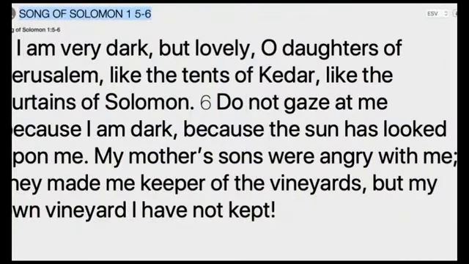Song of Solomon, chapter 1: I am dark. Do not look upon me because I am black. So this confirms what we just said about Joseph and Moses being mistaken for Egyptians. These people were black.